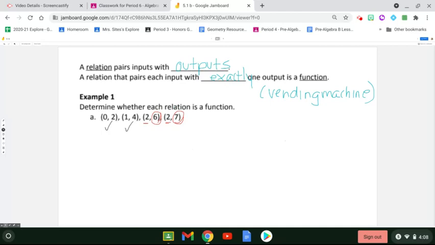Because I have two different outputs listed here, this makes this not a function. So in this case, this is just a relation, okay? This does not pass the function test because at the input value of 2, I have more than one output. I have an output at 6 and I have an output at 7.